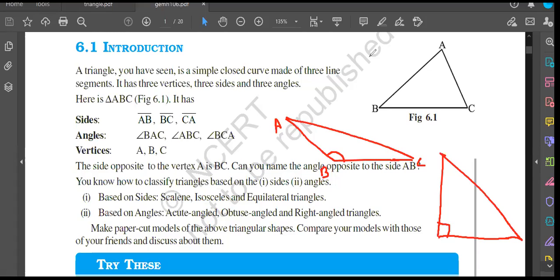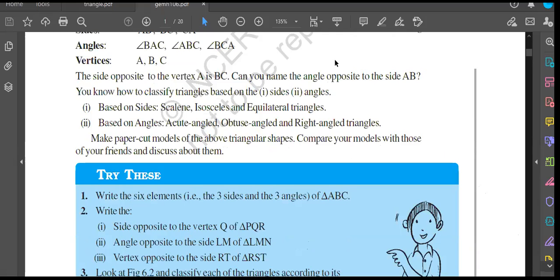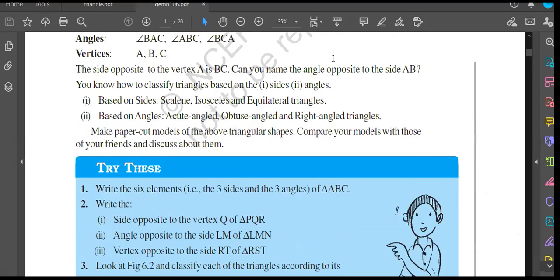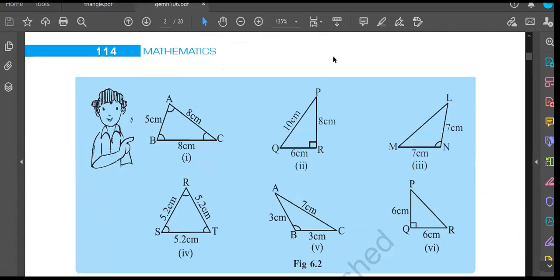So now we understood that we have two different categories of triangles, one based on sides, one based on angles. Tell me, which of them is your right angle triangle? Which of them is your obtuse angle triangle? Which of them is acute angle triangle? Just have a look and let me know.